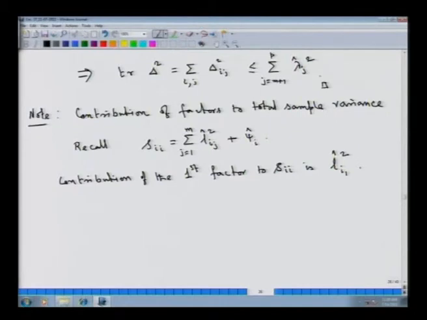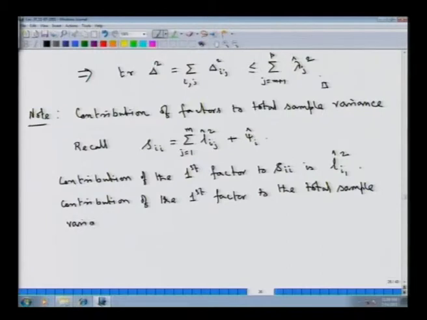square. Now, if we look at the total sample variance and the contribution of this first factor to the total sample variance, what is the total sample variance?